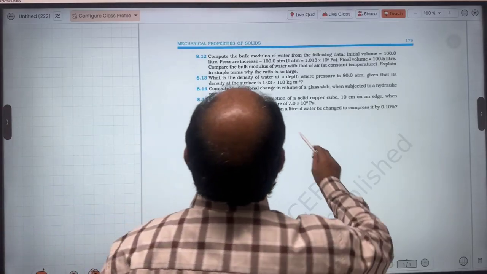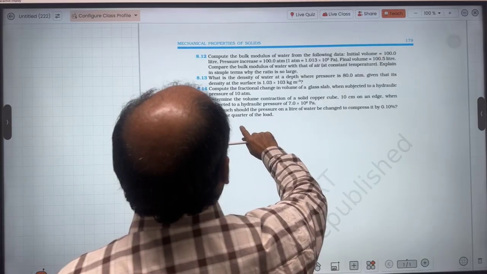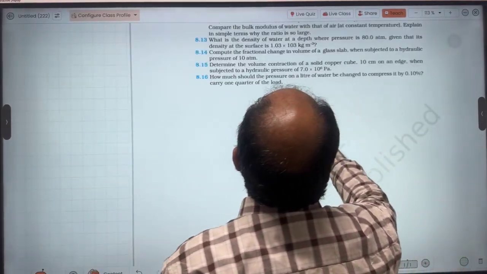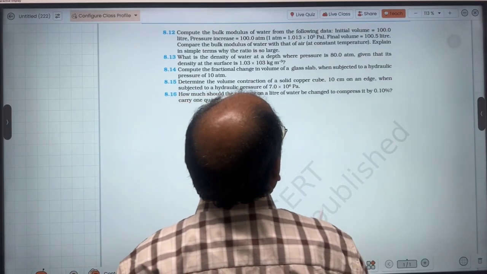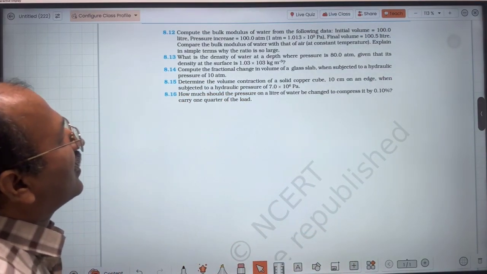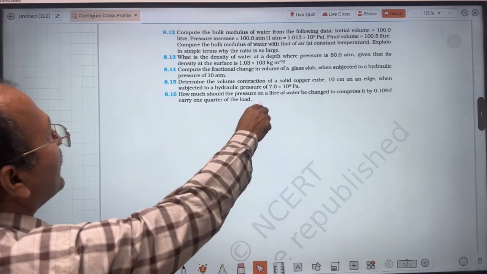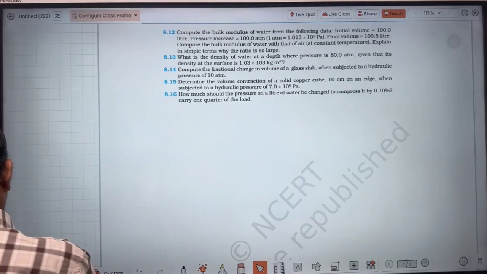The next question is question number 15. Determine the volume contraction of a solid copper cube 10 cm on an edge when subjected to hydraulic pressure of 7 into 10 to the power 6 Pascal.